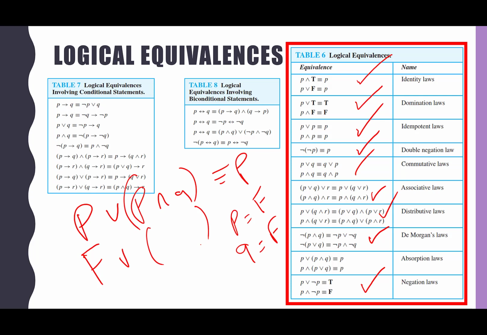No, because P being false, ANDed with anything, will always evaluate to false. Agreed? So in both scenarios, Q's value didn't matter. But in this case, we end up getting false ORed with false. Well, what's false or false? False, which is also the value that we said P is. So in both scenarios, when you evaluate it, it ends up being equal to whatever P's value is.